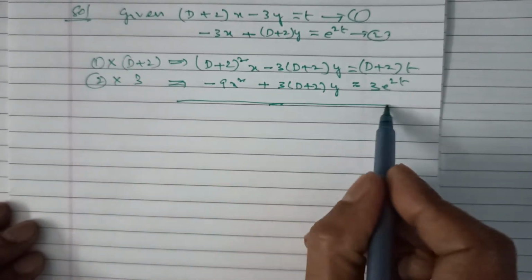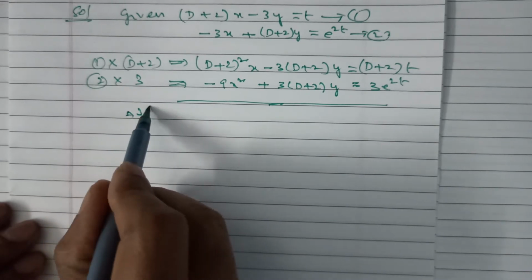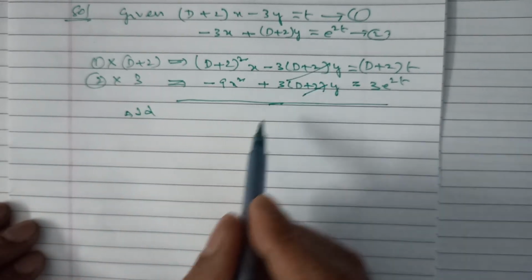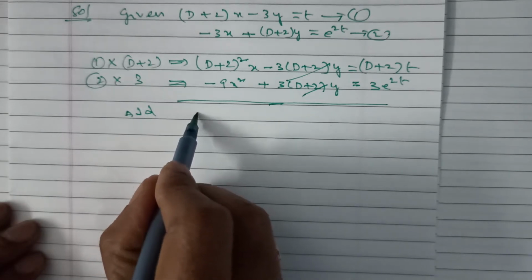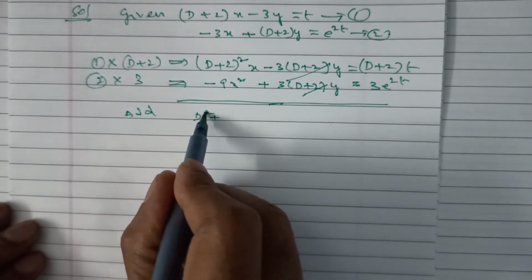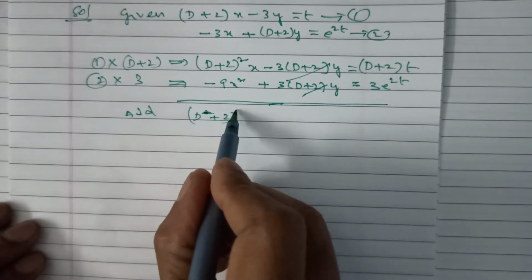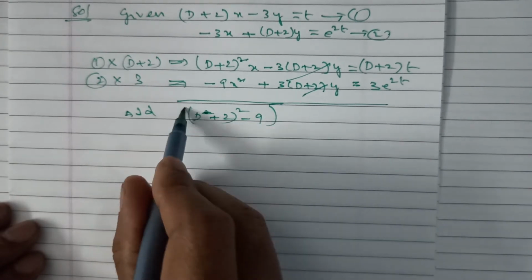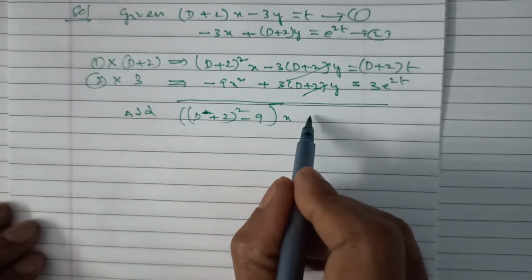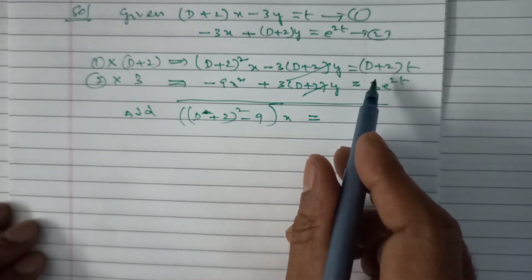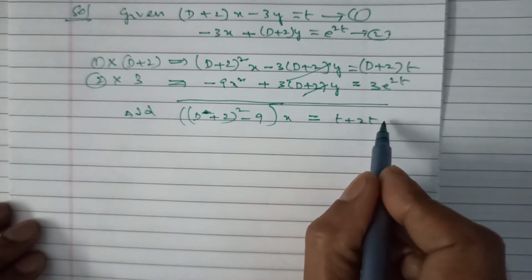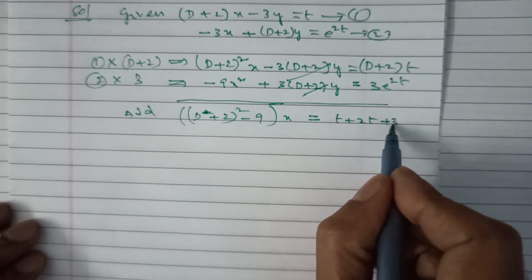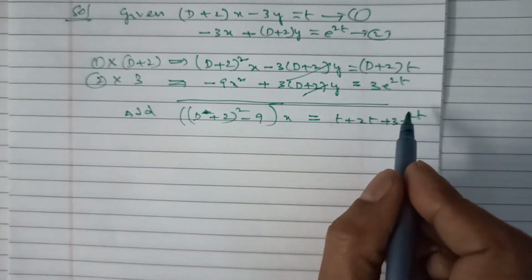It should be add on both sides. Add. These two terms are cancelled. Now (D plus 2) whole square minus 9 of x is equal to (D plus 2) of t. (D plus 2) of t is 1 plus 2t, plus 3 e power 2t.